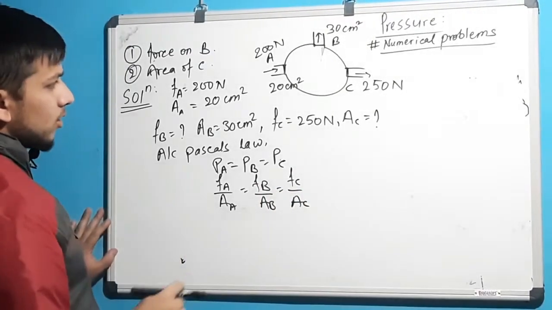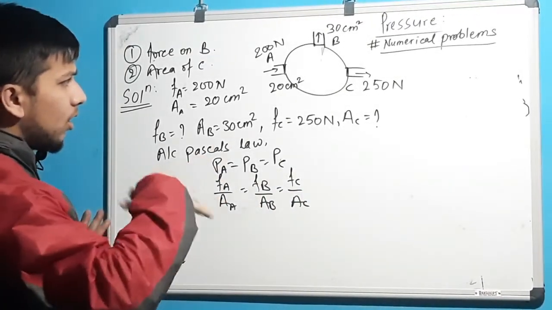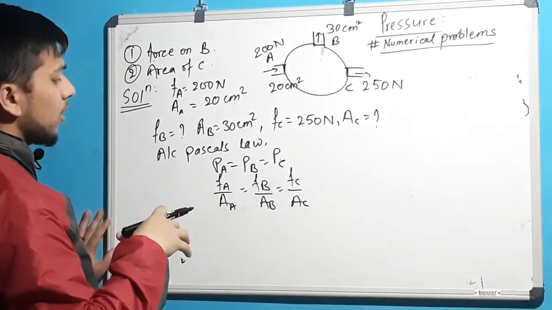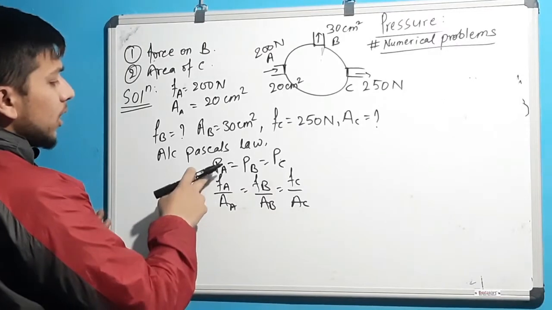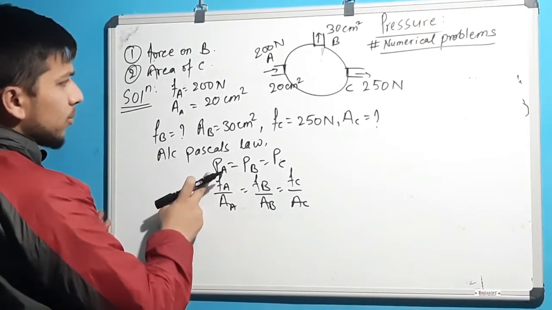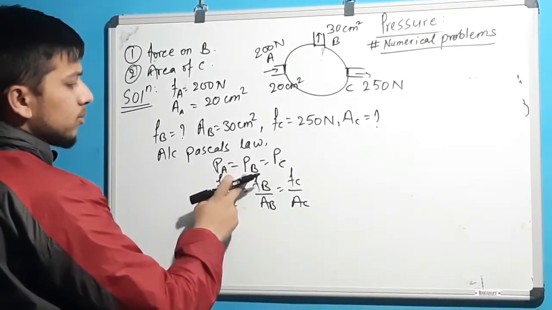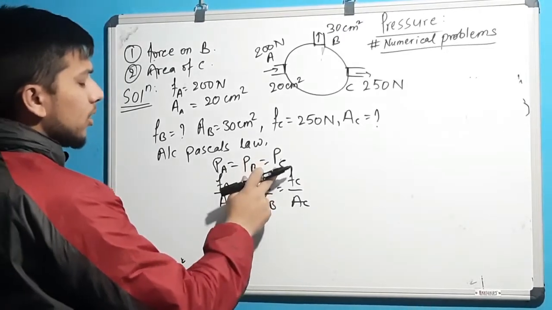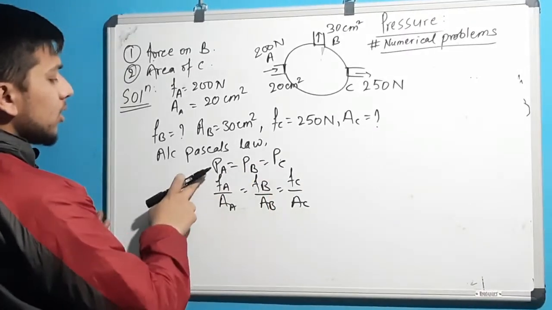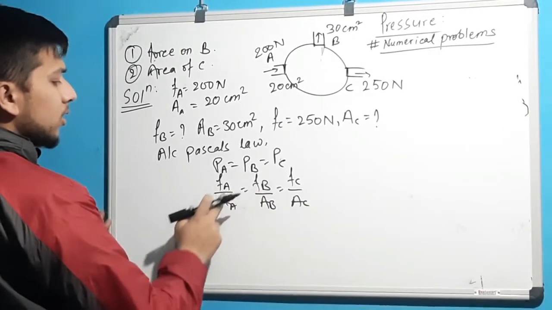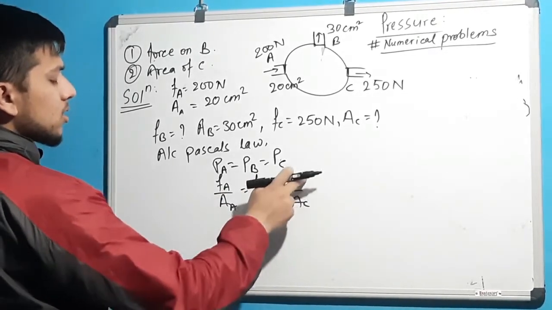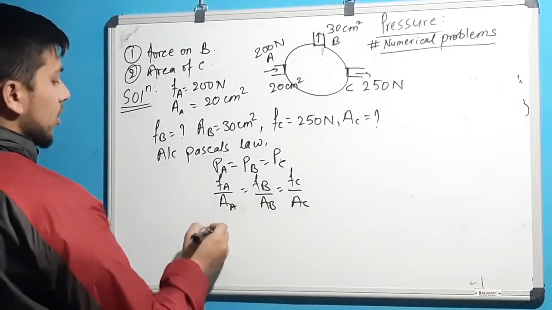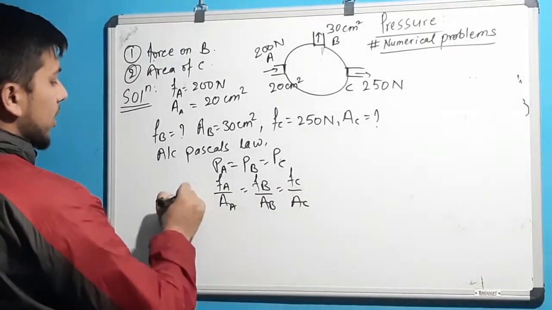According to Pascal's law, the pressure on all the pistons should be equal. PA means pressure on piston A, this is pressure on piston B, and this is pressure on piston C. Pressure is force upon area. A represents the first piston, B the second piston, and C the third piston.